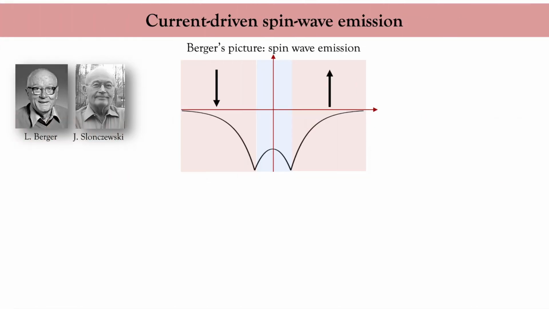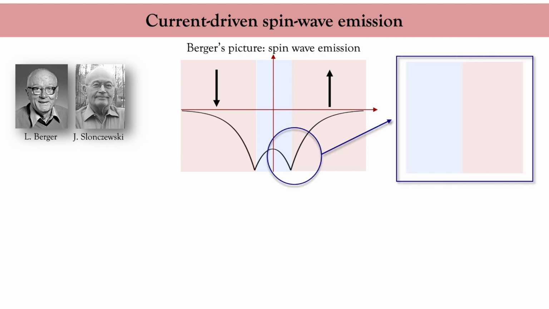Spin wave emission induced by spin transfer torque was originally proposed by Luc Berger in his pioneering work of 1996. Consider a spin valve in anti-parallel configuration. In the previous lecture, we have seen that injecting a current from the left to the right electrode results in a spin accumulation in the central layer.